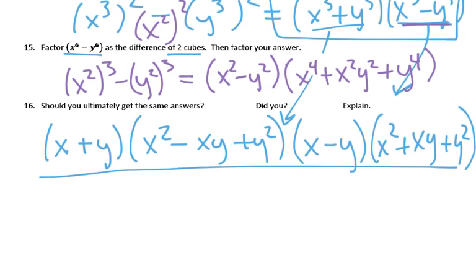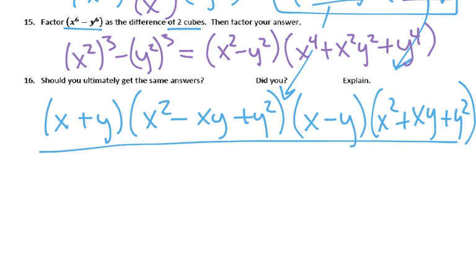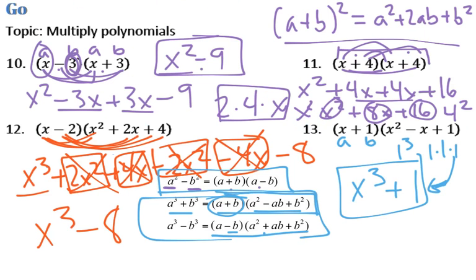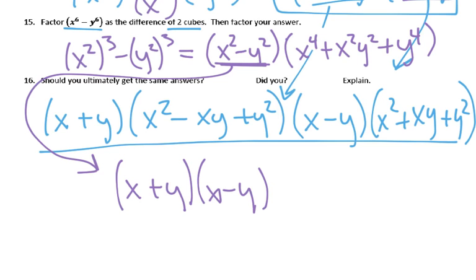Then they say, then factor our answer. So we could factor that out, couldn't we? That would be the difference, so that would be x plus y times x minus y, because that's back to the difference of squares.